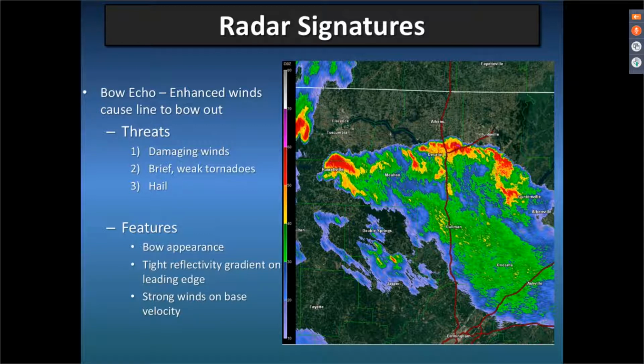But we can also see sometimes weak tornadoes form in these bow echoes, and we can also see large hail. Like on the image on the right, we've got a line of storms going from west to east from Russellville towards Huntsville. And you can see some of those bulges within the line. So we'd want to look in those areas for potential strong winds or maybe even rotation in or near those bulges.